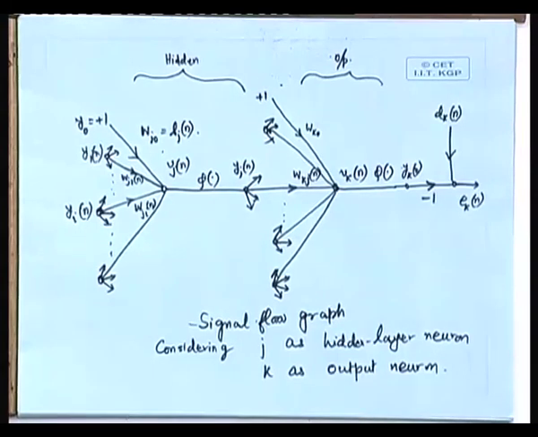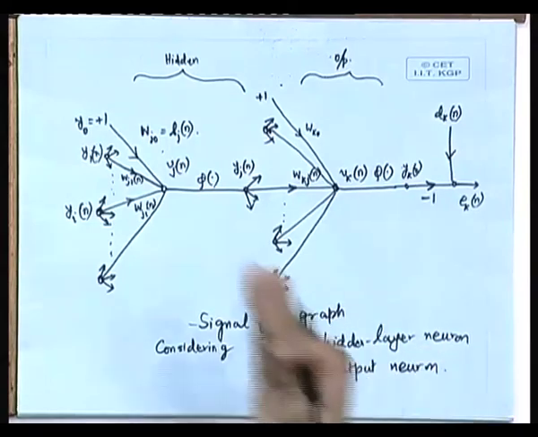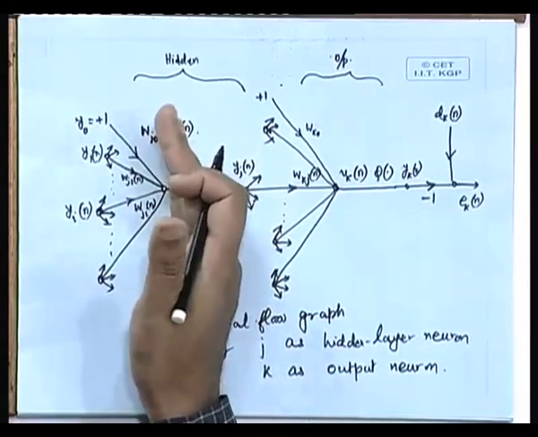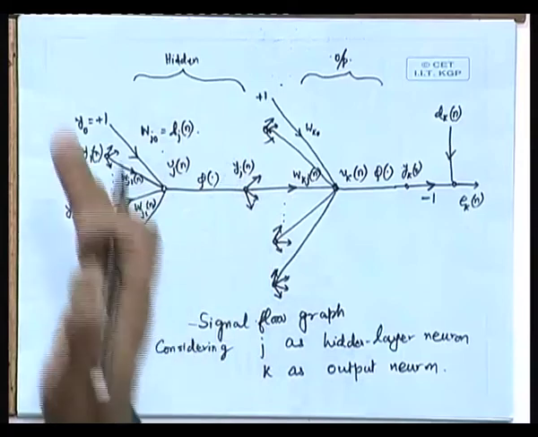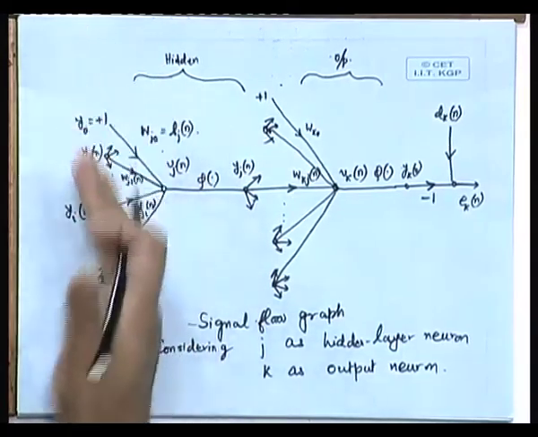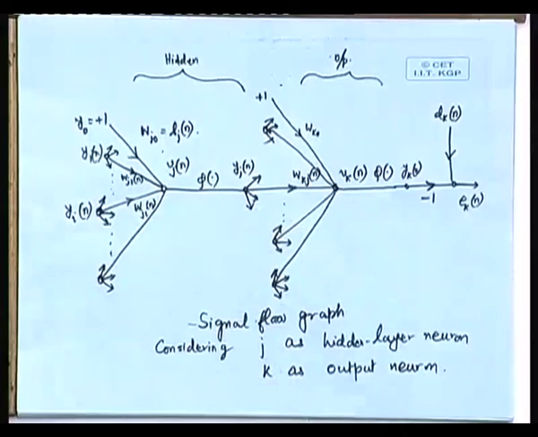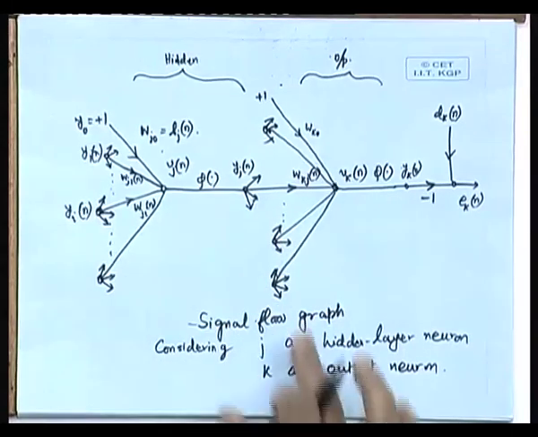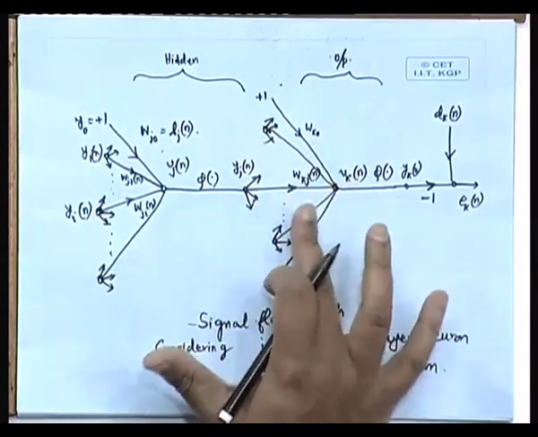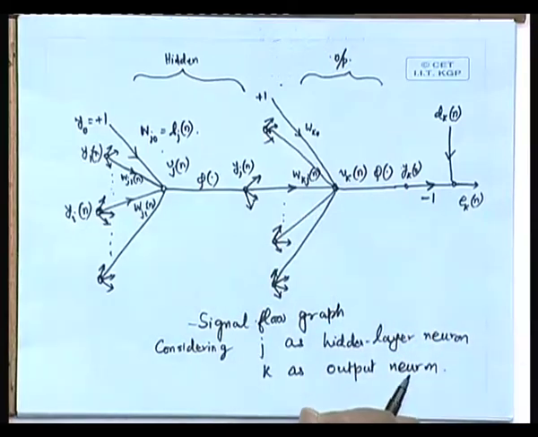Is it understood? Let me repeat once again in a nutshell. We consider neuron J in the hidden layer that is connected to its preceding layer. All these Y's that we have shown are the outputs of the preceding layer being applied on this Jth neuron. We compute Vj of n, then compute Yj of n from it through the activation function, and then all the hidden layer outputs are connected to the neurons in the output layer.